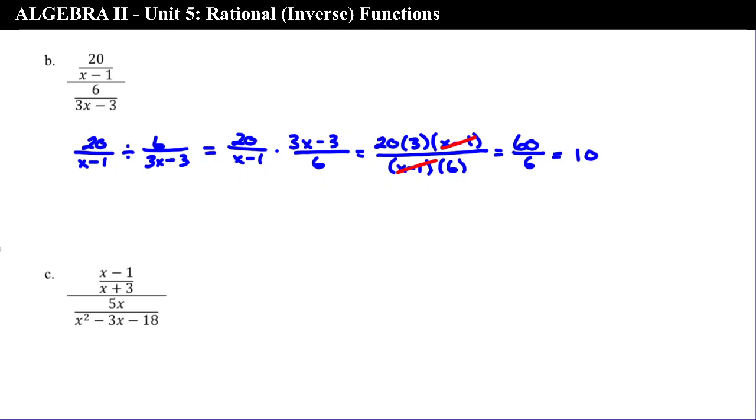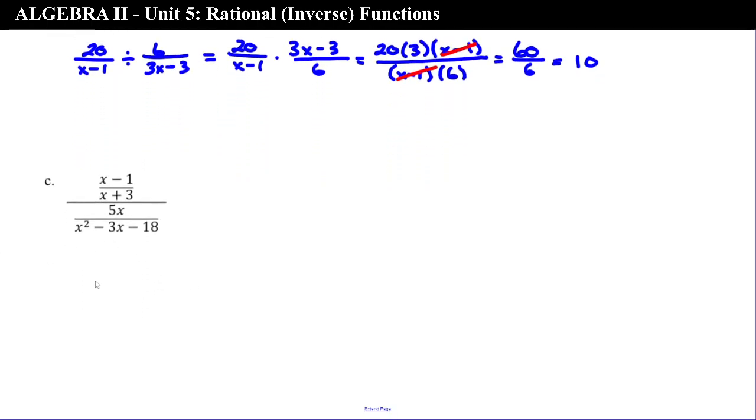And then finally for C, let's go ahead and skip this division step, because I think you've got the idea that that's what's happening here. So we've got x minus 1 over x plus 3 times x squared minus 3x minus 18 over 5x. So we have x minus 1.